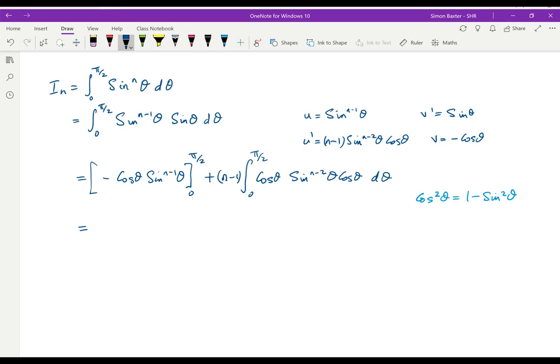Cos pi by 2 is 0. Sine 0 is 0. So they have disappeared. I've then got n minus 1 integral 0 to pi by 2 of sine to the n minus 2 of theta, and then I am multiplying by cos squared, which is 1 minus sine squared.